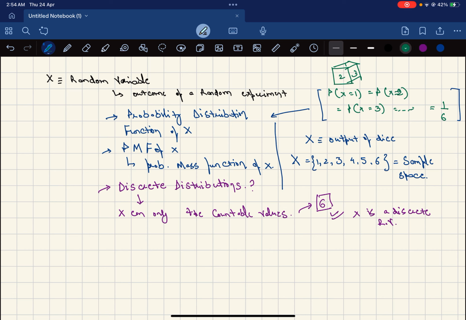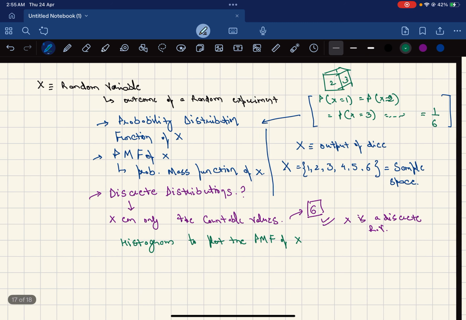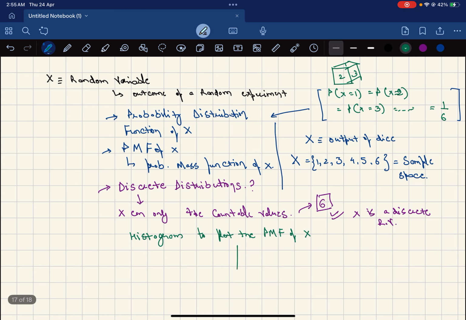We use something called a histogram to plot the PMF of X. We call the X-axis the values of X, so this is 1, 2, 3, 4, 5 and 6.